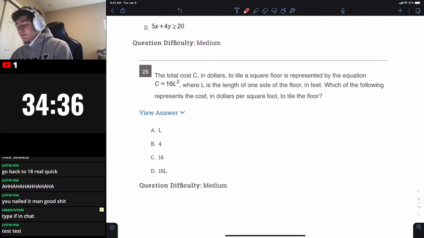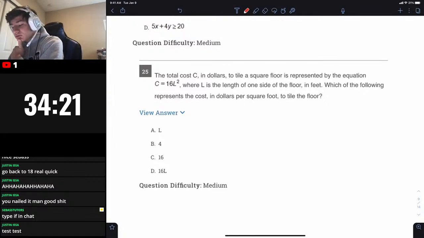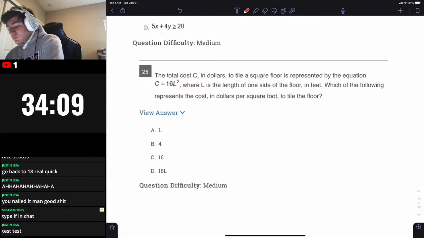Ooh, okay. The total cost C in dollars to tile a square floor is represented by the equation C equals 16L squared, where L is the length of one side of the floor in feet. Which of the following represents the cost in dollars per square foot to tile the floor? Okay, so it's 16.